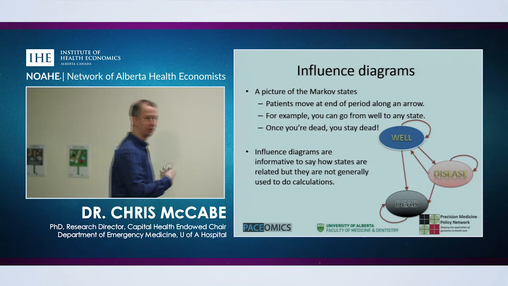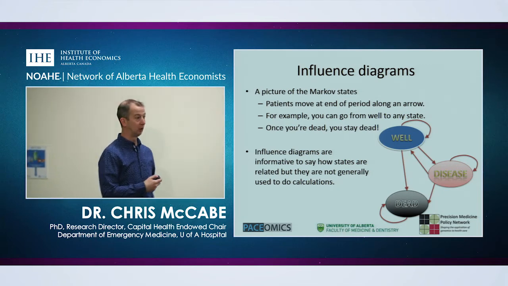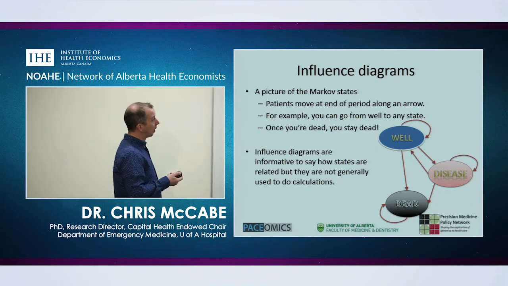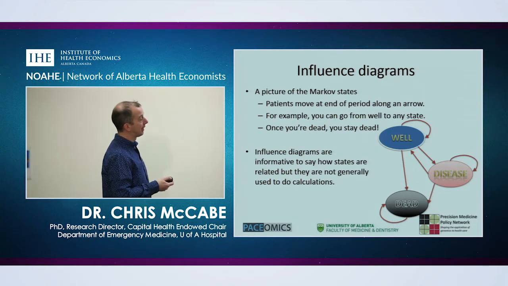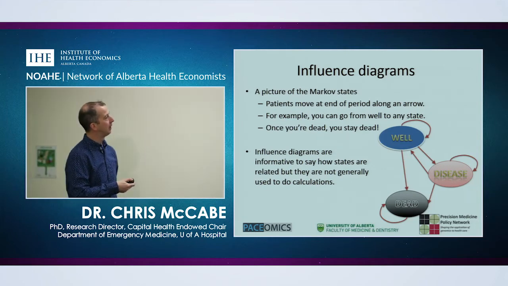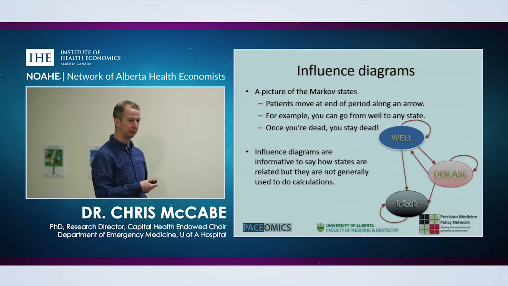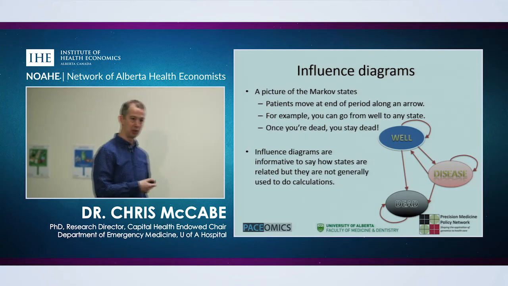You never return to full health. Whilst other conditions, we do. Or it takes you a long time. Normally, you'll be able to stay in that state for a cycle, and normally, you'll be able to make it from any state to dead. Okay? So drawing this influence diagram lets you identify the states and identify the logically possible transitions.